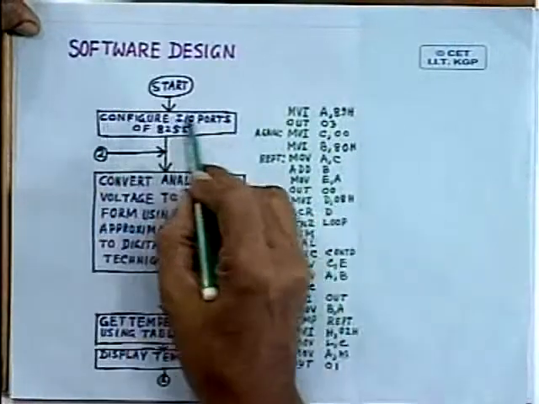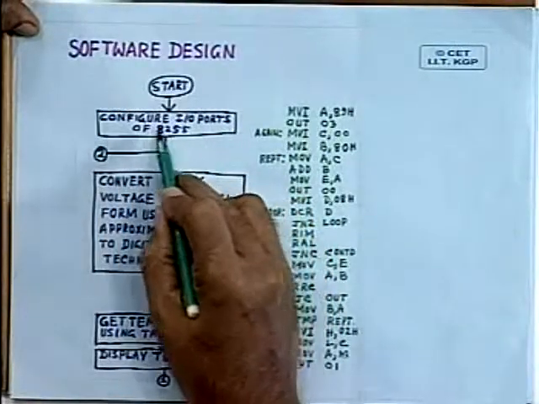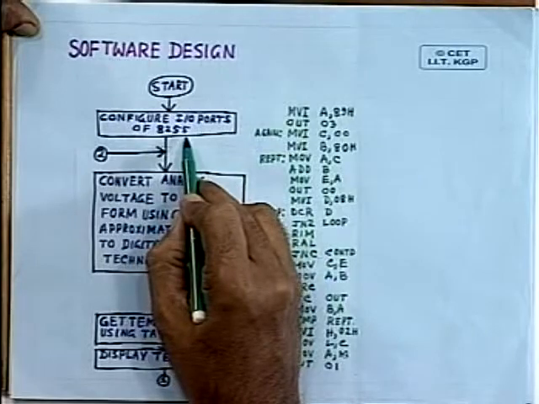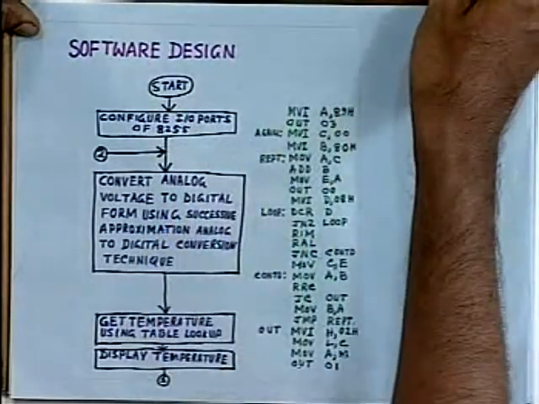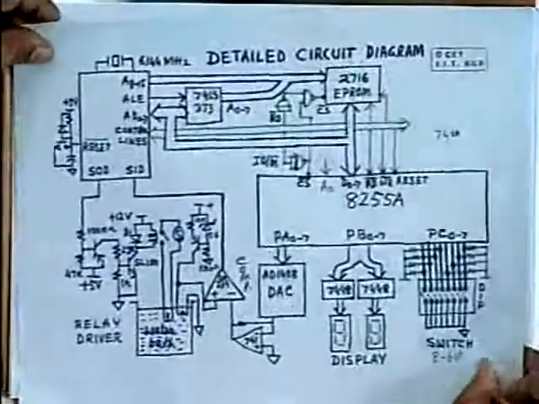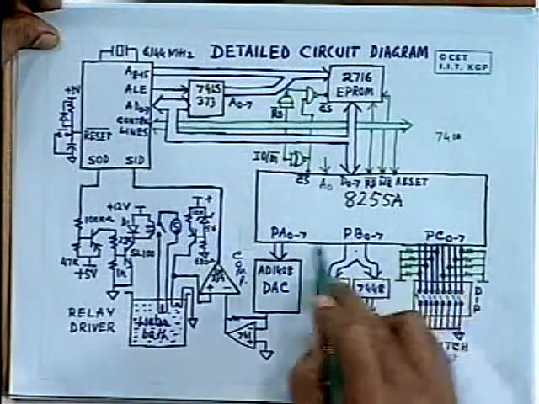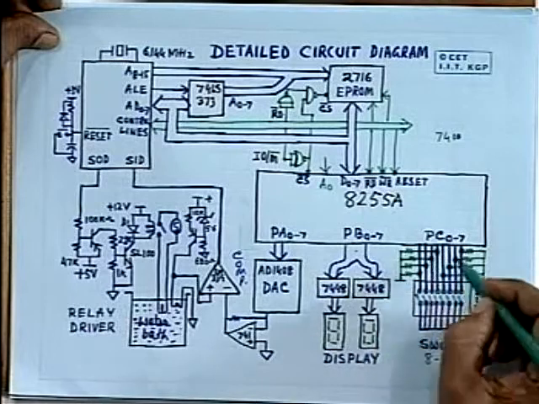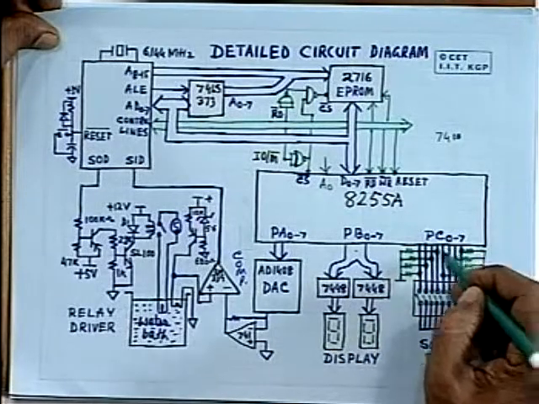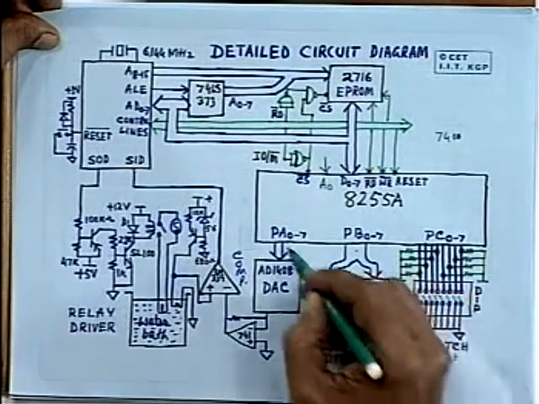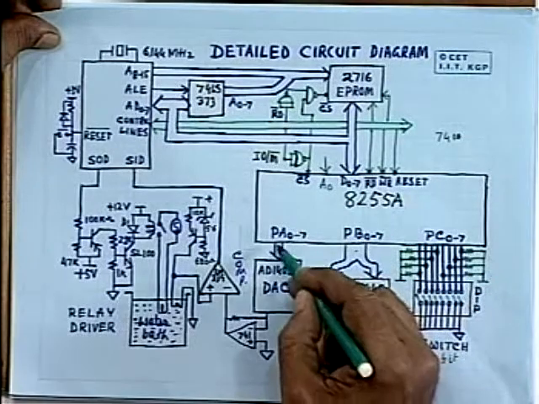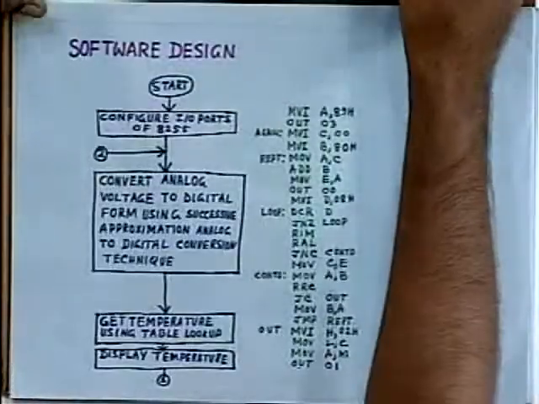The first operation that you have to do is to configure the IO ports of 8255. So in this particular case, we are configuring all the three ports in mode 0, with port C as input, port B as output, and port A as output. So this initialization has to be done in the beginning.